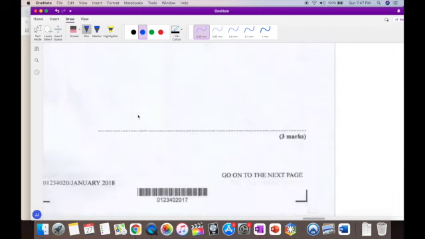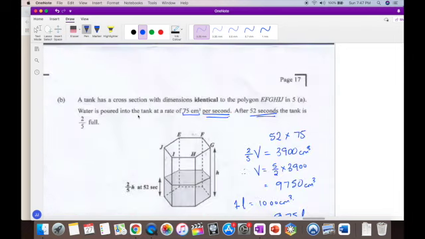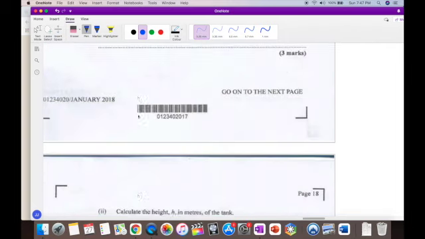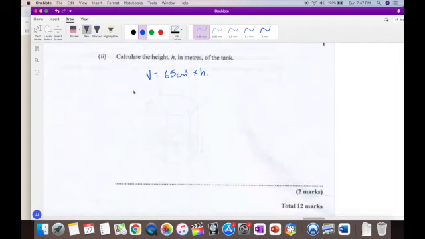So we will use the volume in centimeters cubed, which is 9750. So we have now 9750 is equal to 65H. Therefore, H is equal to 9750 divided by 65, which is about 150 centimeters.